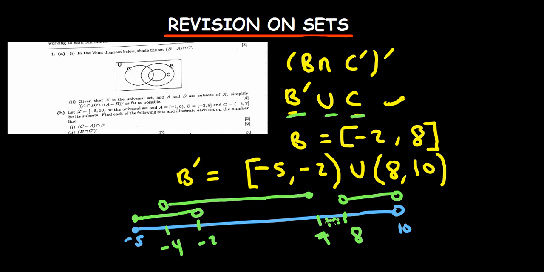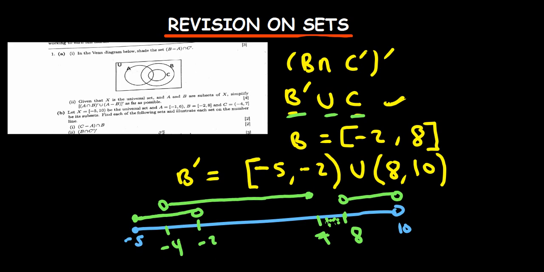But since this is from negative 5 to negative 2, that's my B complement, and it will be there all the way even up to 7, from negative 4 to 7, bringing them all together.